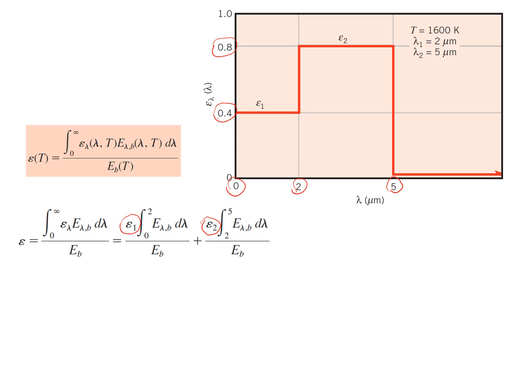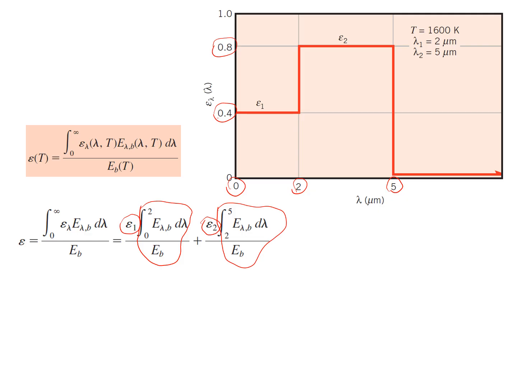Now to take care of the integration, I don't quite have the emission here, but I know from the past that this relation looks familiar. This is the ratio of emission from wavelength 0 to wavelength 2 micrometer divided by the emission over the entire spectrum of wavelengths.